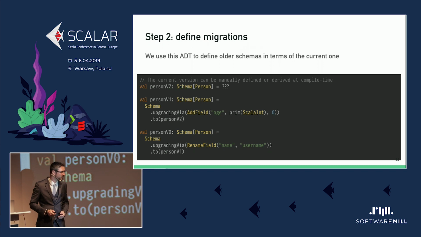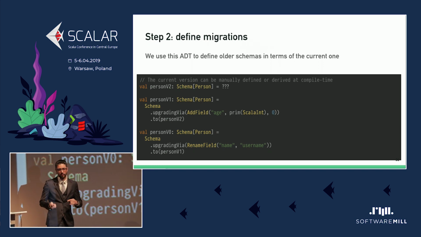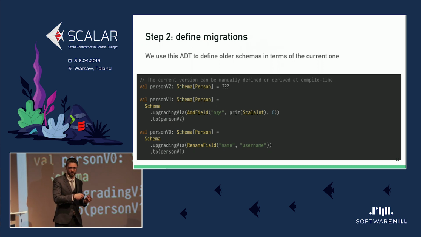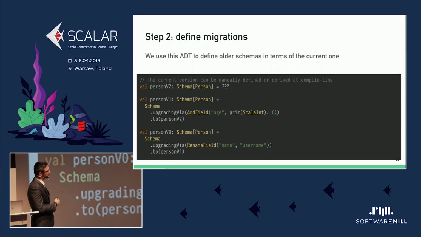No problem at all. Then I just want to express how I came up to this current version from the old ones. So what I say is, using the person V1, if you go from the V1 and you add a field called age of type int with default value 0, then you end up into the current version.